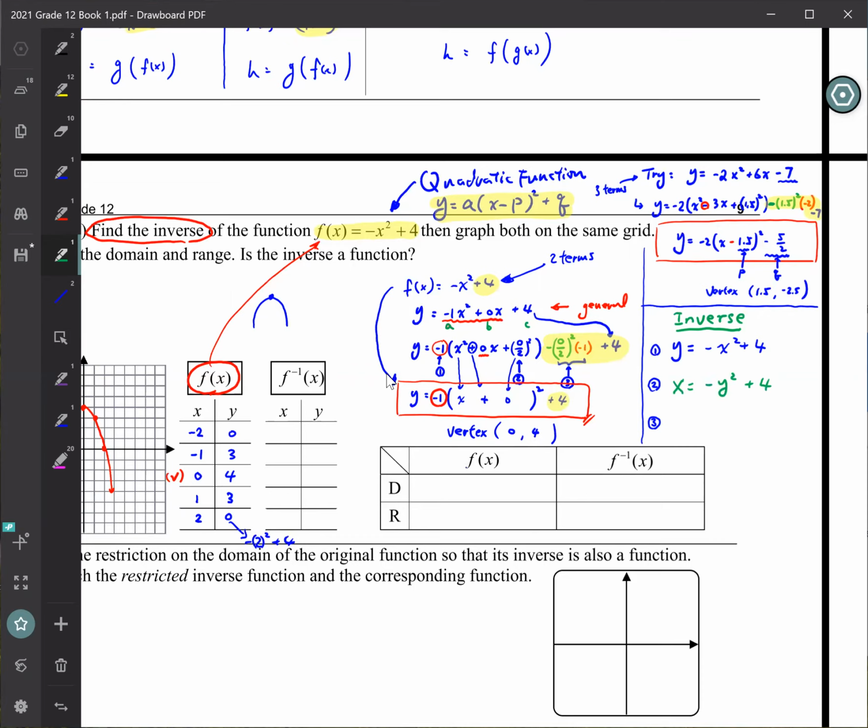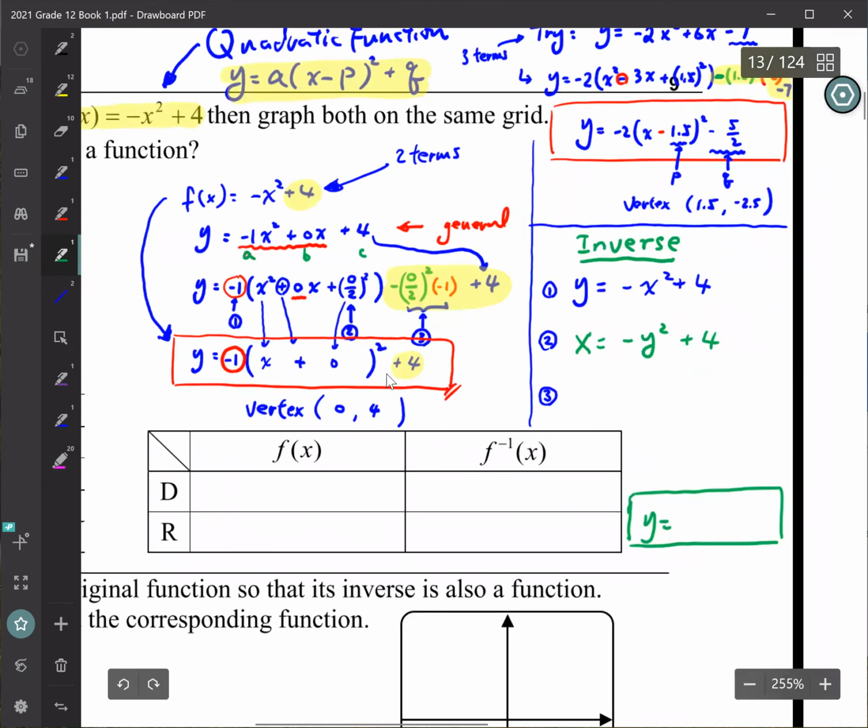Okay, so let's see your steps. Well, let's get your final answer first. I want to see what your final look for the inverse is. Okay, Philip, what do you have for your inverse function?